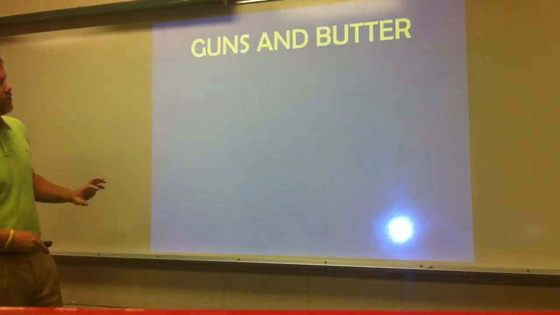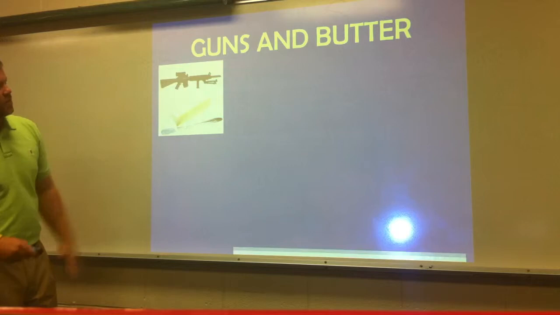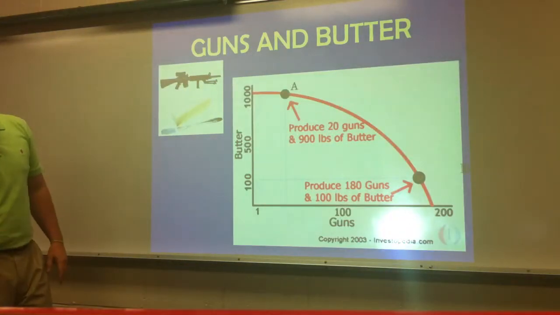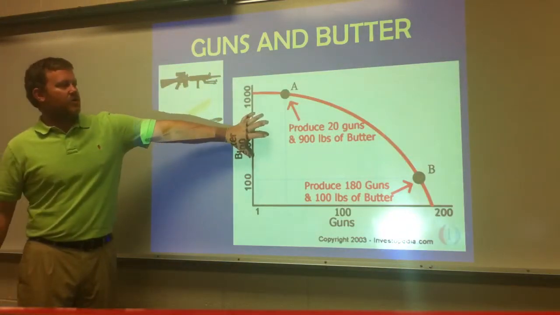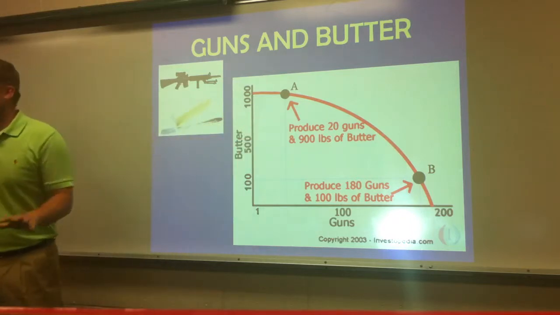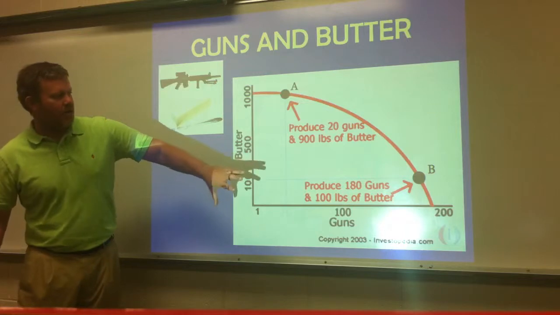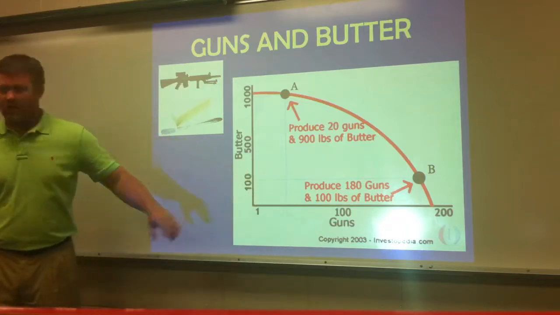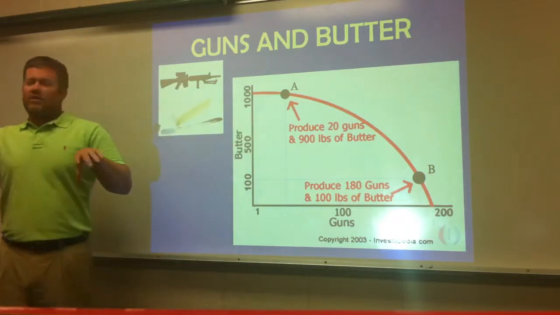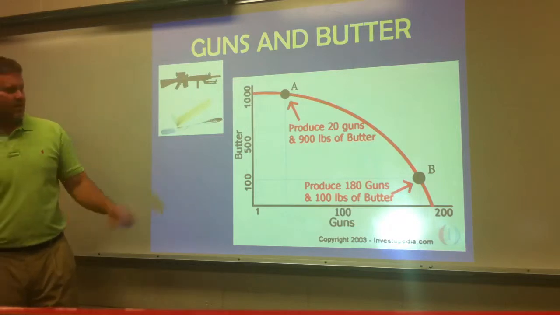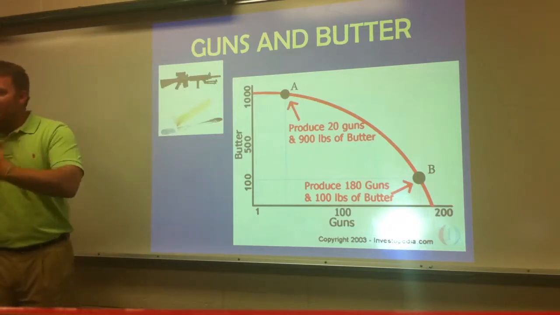So let's look at a little illustration here. There's your guns, there's your butter. Alright? On this chart, at point A, the country is going to produce 20 guns and 900 pounds of butter. Alright? At point B, you're going to produce 180 guns and 100 pounds of butter. Alright? Point A, you're leaning heavily towards the butter. Point B, you've got a nice mixture.